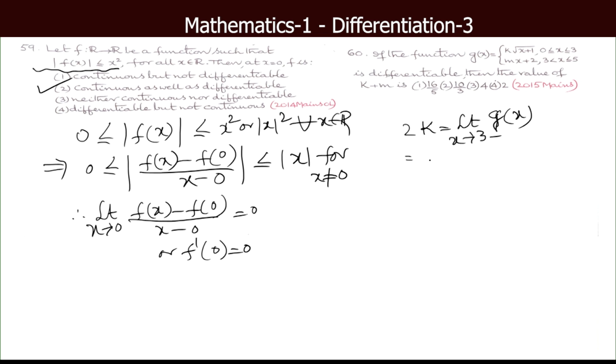This is equal to the limit of g(x) as x tends to 3 plus, that is equal to 3m plus 2. So, 2k equal to 3m plus 2, that is one relation connecting k and m.